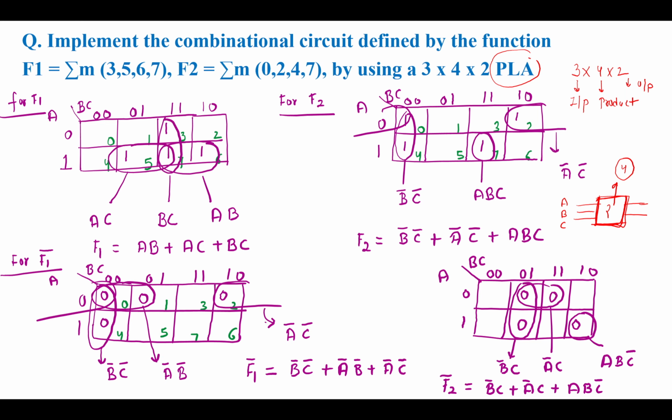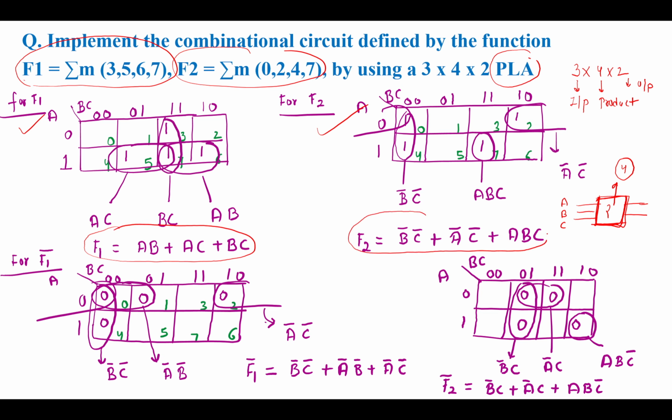So first step, these minterms are already given for F1 and F2. First we have to find out the Kmap for F1 and for F2. For F1 we get this expression, and for F2 we get this expression. Now if we consider these two functions F1 and F2, there is no common term.